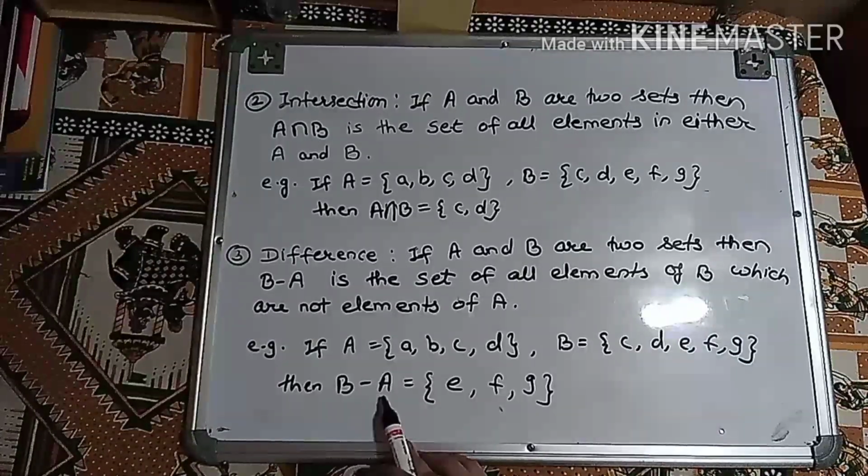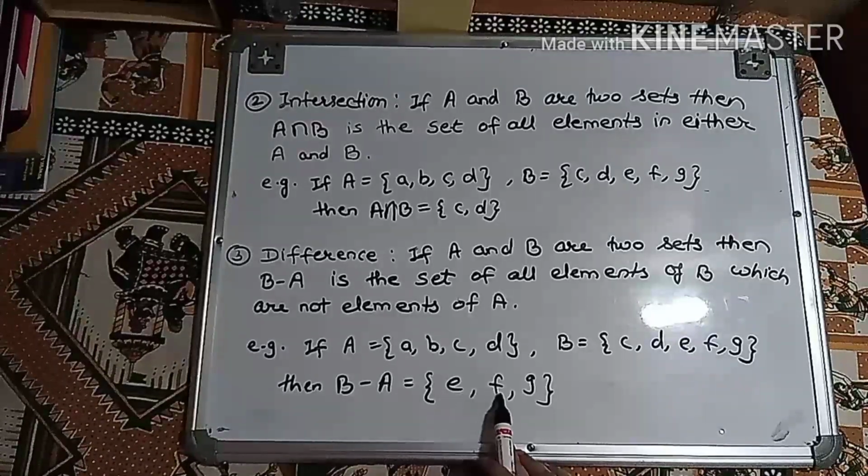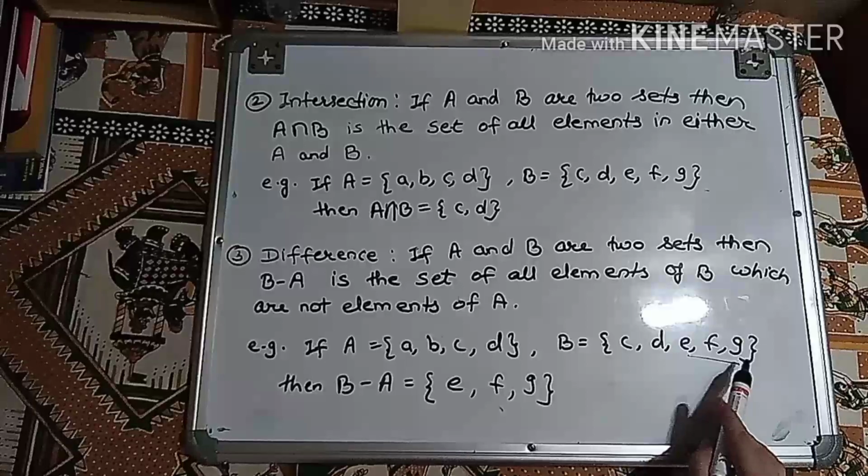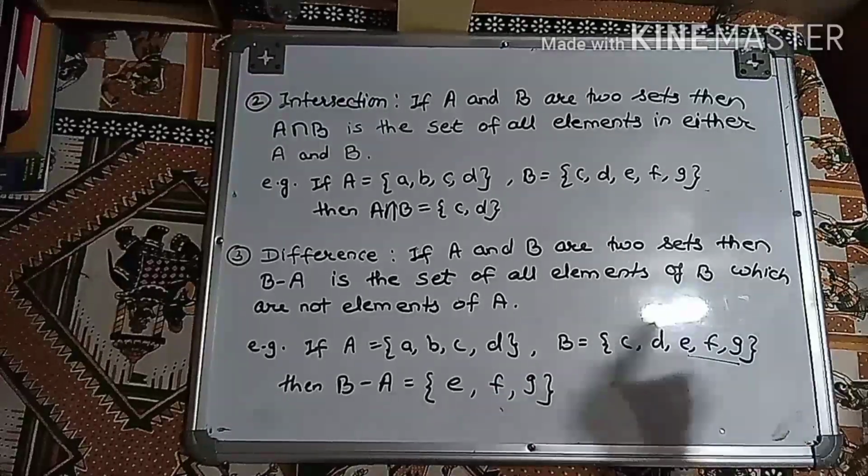Then what will be B minus A? e, f, g. Means these are elements of B which are not in A.